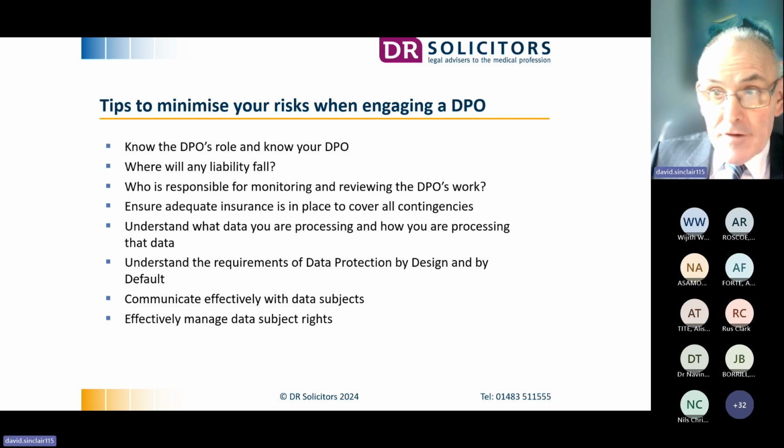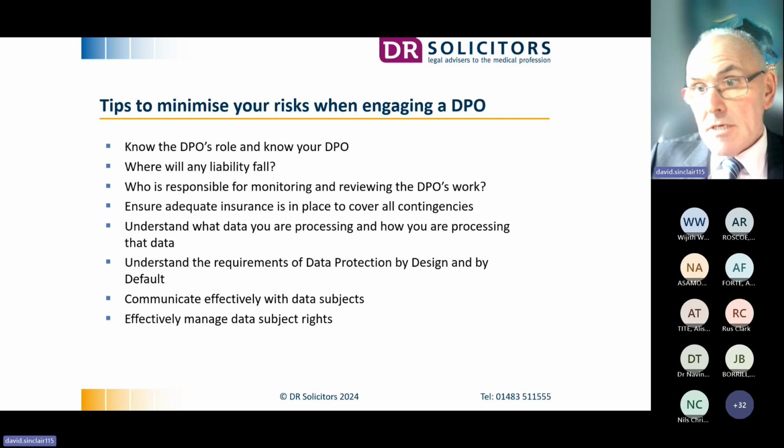Make sure either you, in the case of an employee, or the third party has got sufficient insurance, because that's what you're going to be claiming on if they get things wrong. And it's important to ensure that you've got the benefit of that insurance.